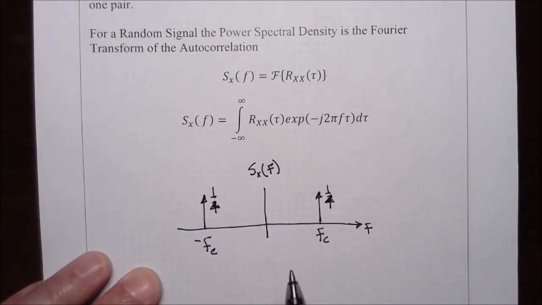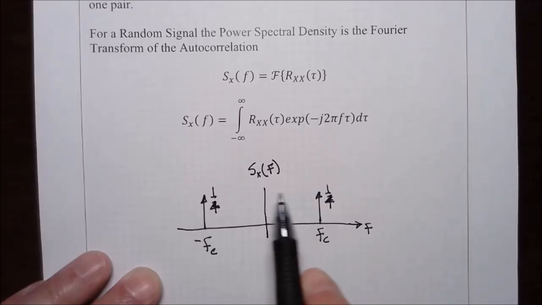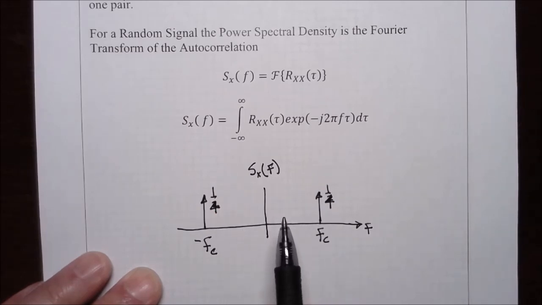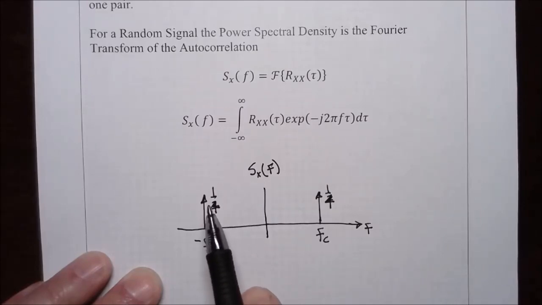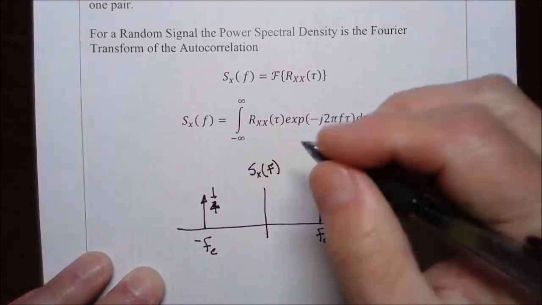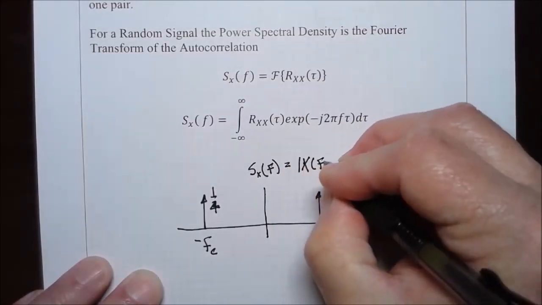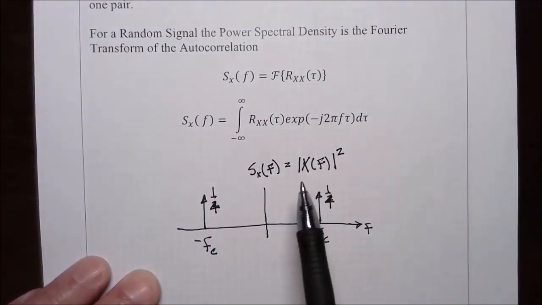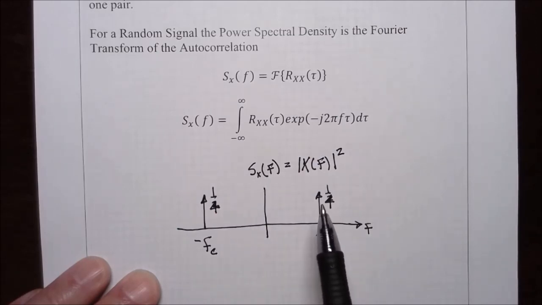Now, you would think, well, when the spectrum is a pair of delta functions, that corresponds to a time signal which is a cosine. Well, I submit to you that it also would be... See, this is the magnitude of the Fourier transform squared. It would also correspond to the power spectral density of a sine instead of a cosine.